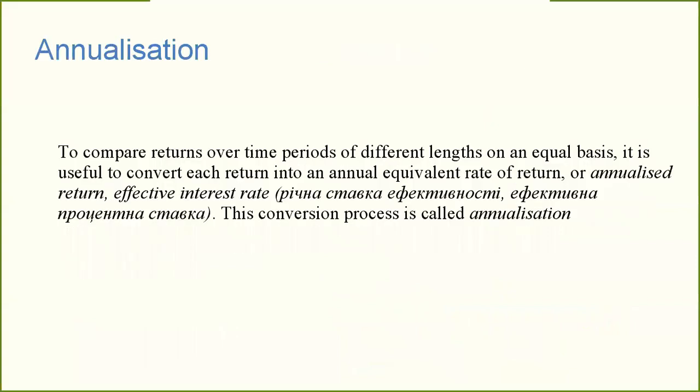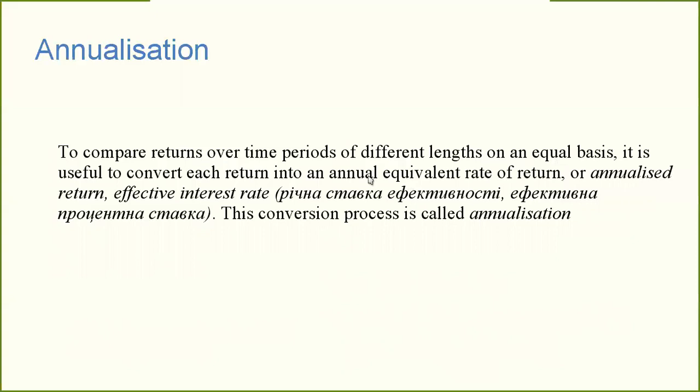So we need annualization, and the aim is to compare returns over time periods. We need to know what the time period is. To compare returns over time periods of different lengths on an equal basis, it's useful to convert each return into an annual equivalent rate of return.